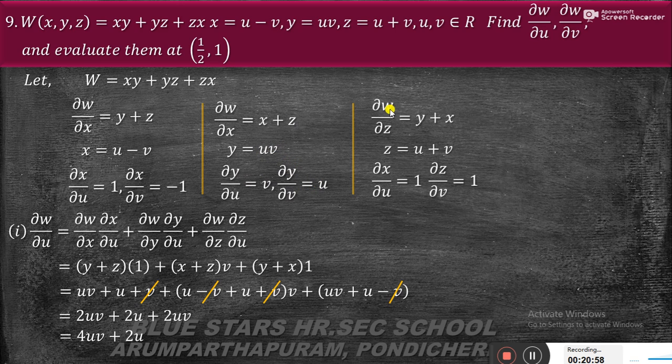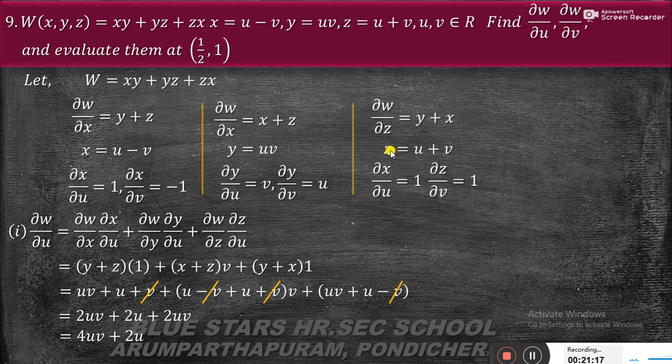Next dou w by dou z, differentiate with respect to z on both sides. So dou w by dou z equal to, there is no z in the first term, so it is 0. Yz means derivative of z is 1, so the remaining term is y, plus zx means derivative of z is 1, so plus x.